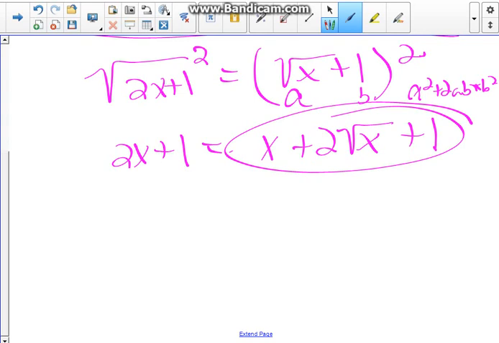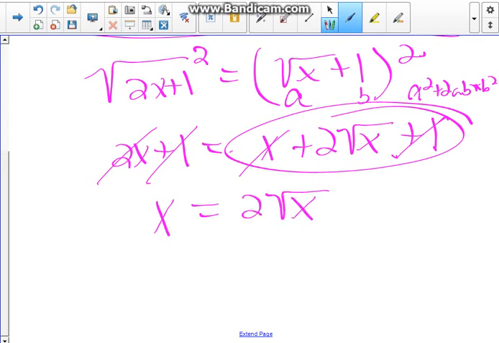Okay, now I'm going to start clearing everything to one side. And so when I subtract 1 from each side, those go away. And then I have 2 times radical x. Oh, I've got an x, subtract x from each side, and so I have x equals 2 radical x.